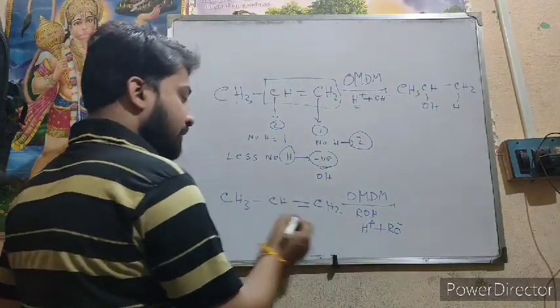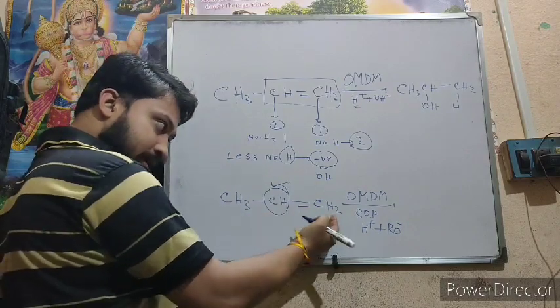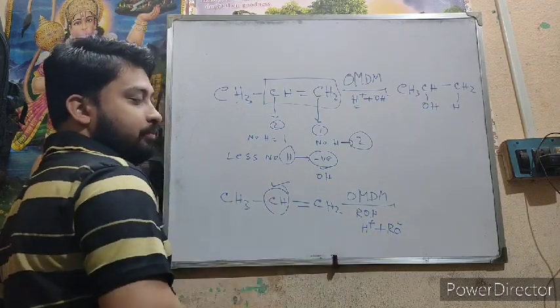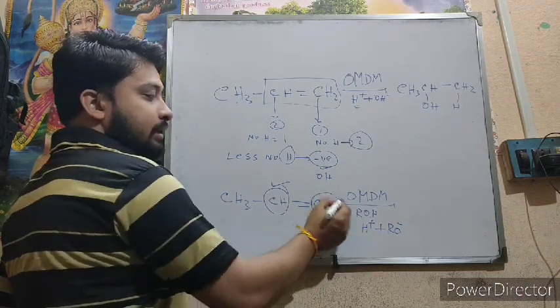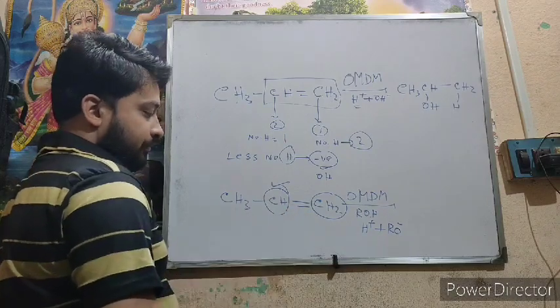So the negative is going here because the number of hydrogens is less compared to this. The negative charge is coming here, and here the positive charge, as the double bond is broken.